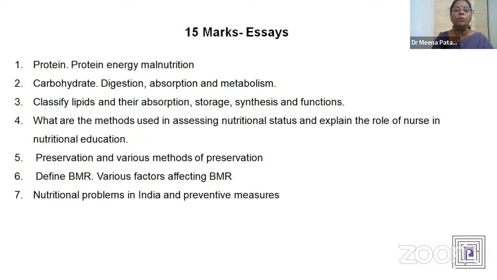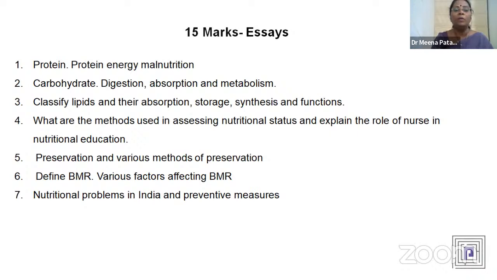Now, coming to how you attempt these 15 marks essays. It is very important because they have to be covered extensively. It is not how many pages you fill up with irrelevant information, but it is essential to know what the relevant information is for the examiners when you appear for the exam and write an answer.